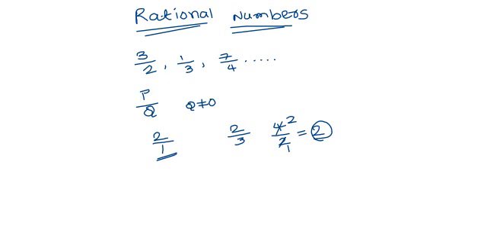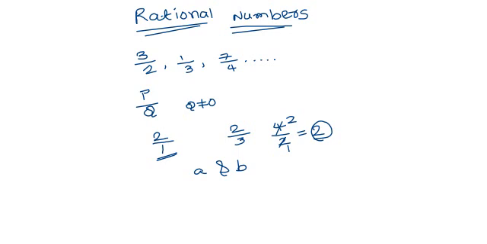And if a and b are two rational numbers, for example, if I take a and b as rational numbers, and I want to write another rational number between them, then what is the formula?